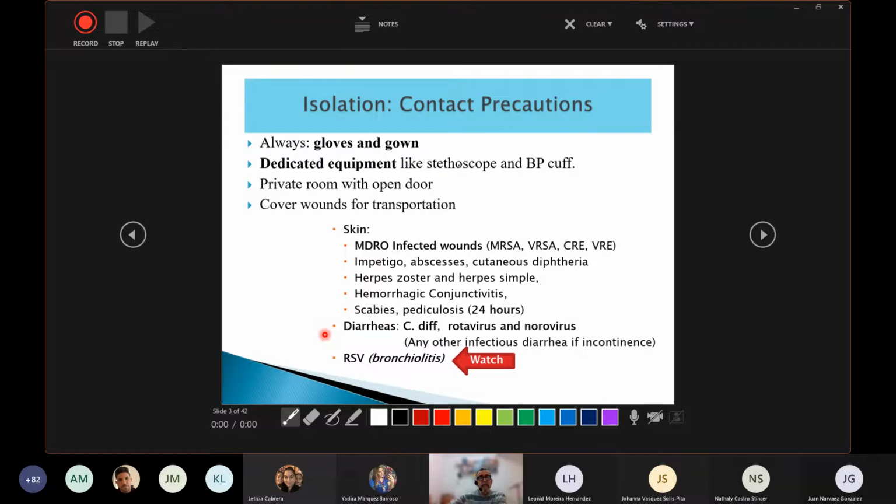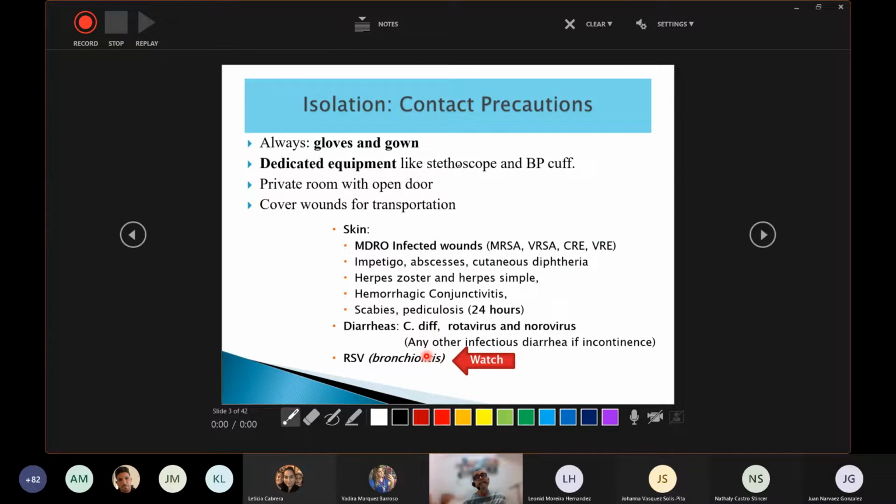The diarrhea that requires contact precaution basically is the Clostridium difficile, the C. diff diarrhea. Also, rotavirus and norovirus are two viruses that produce diarrhea in children and in nursing homes, are very contagious, and require contact precaution.